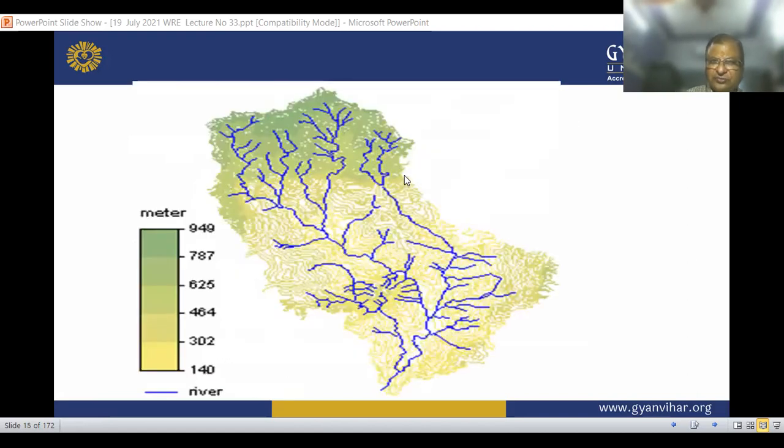In this picture you can see the entire blue color showing the river flowing system, and all the webs, all the leaves, show the collecting of water.